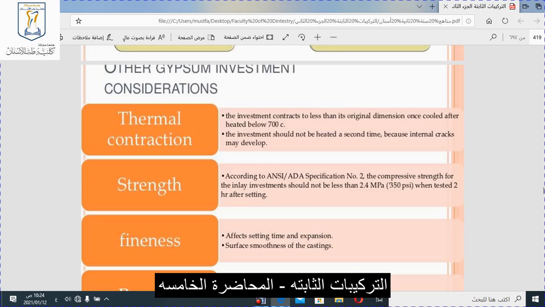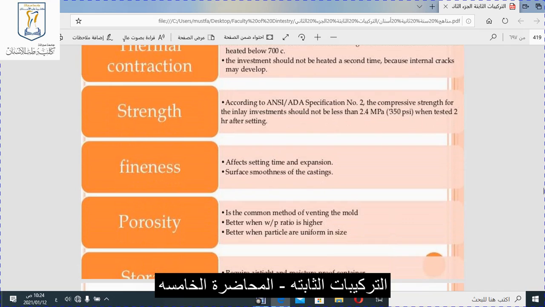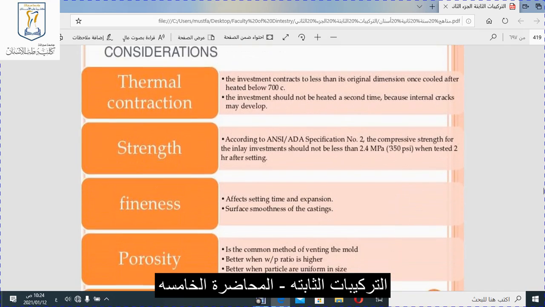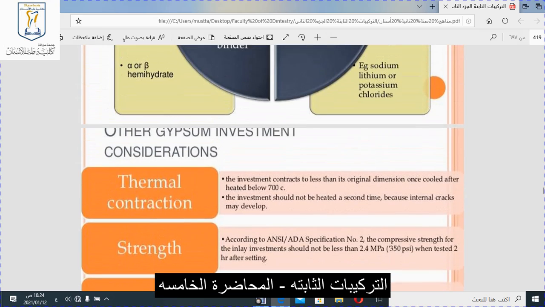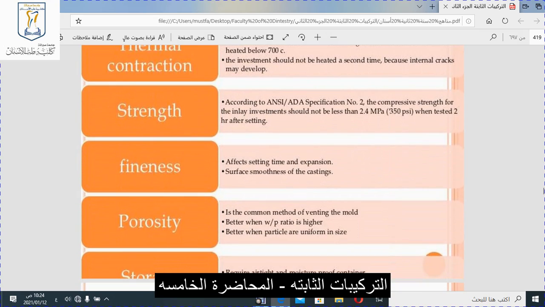And the second thing is to increase the amount of expansion of the cast, because the silica in the liquid will add to the expansion. So in the case of phosphate bonded investment, we have to use silica gel instead of water.